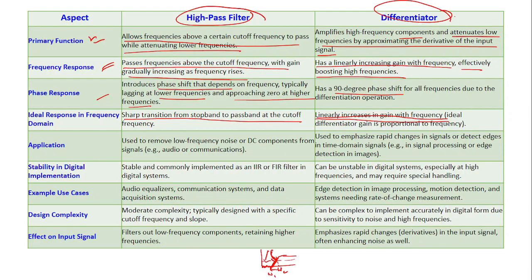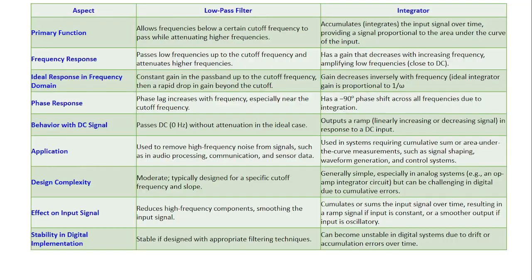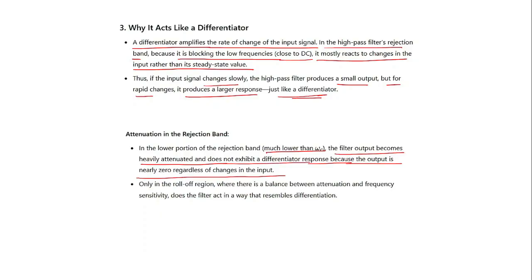So that is the reason why it is acting as a differentiator in a particular band, in a particular region, the roll off region, and not in the whole rejection band. So you have to remember that the high pass filter acts as a differentiator in the roll off region where the frequency response is linear with the frequency.